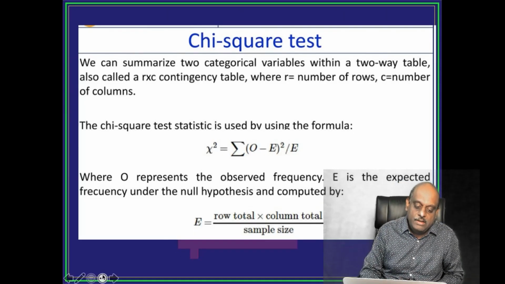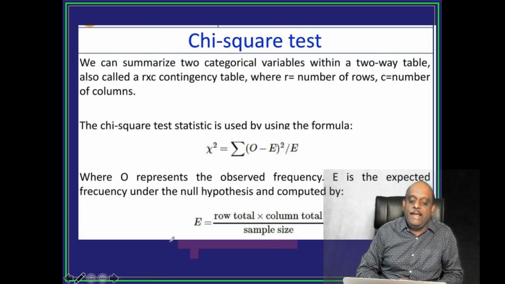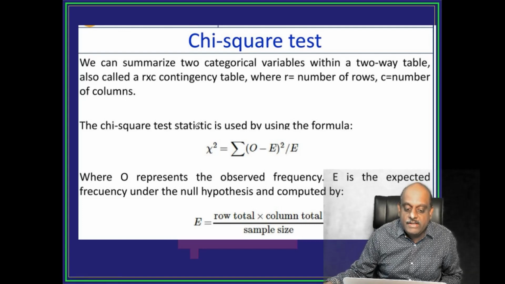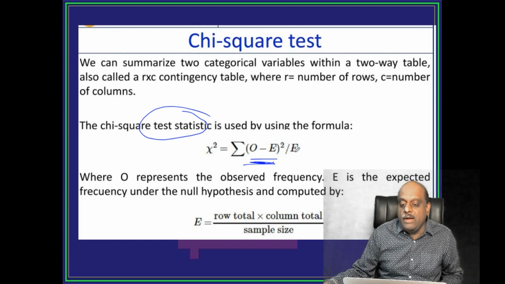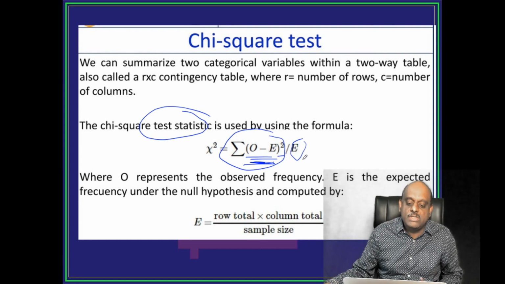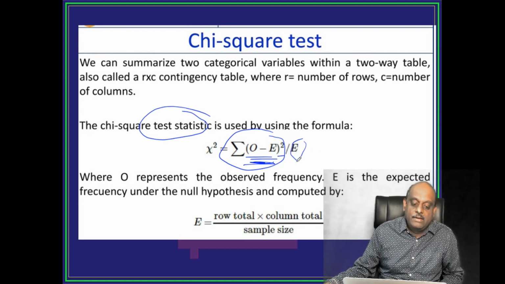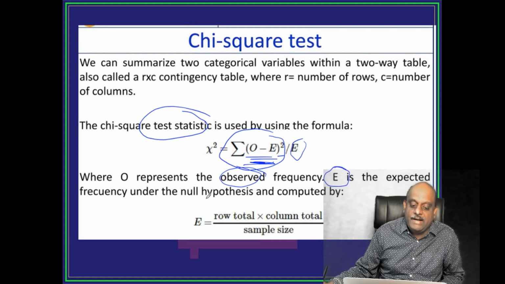So doc, chi-square fundamentally is a test statistic which uses the formula sigma of O minus E whole square by E. O होता है observed frequency. E is expected frequency under the null hypothesis.